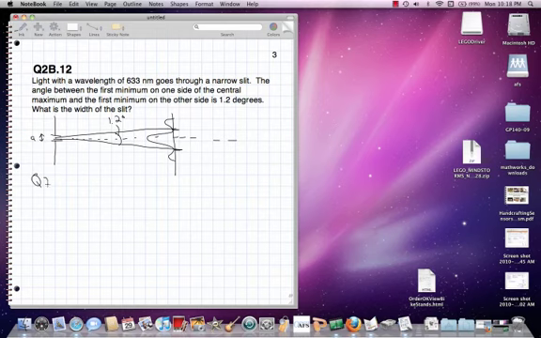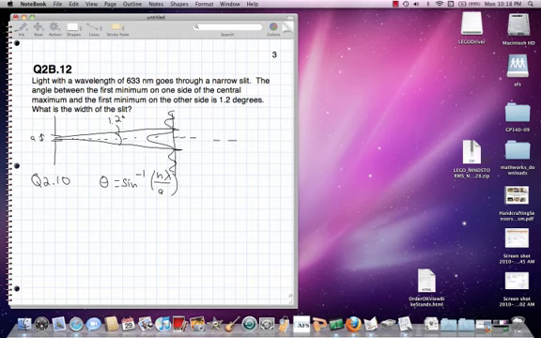That says theta is equal to the inverse sine of n lambda over A, where A is the width of the slit. Here n would represent this first minimum, and on the other side it would be the negative of it. These are the orders: if I kept going, this would be the location for n equals 2, and this would be n equals minus 2.